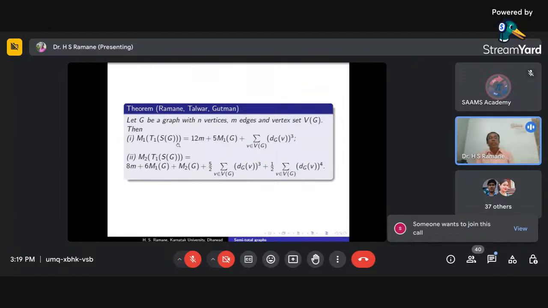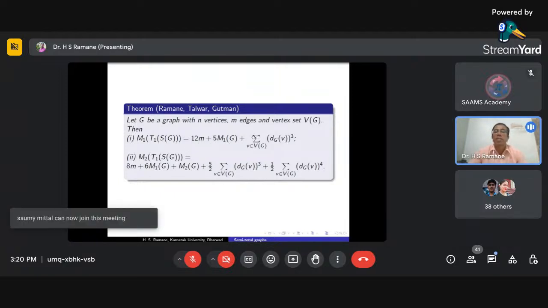Results were already done for the semi-total line graph of particular graphs, and then we generalize this for any graph. The first Zagreb index of the semi-total line graph of the subdivision graph is 12m plus 5 into the first Zagreb index plus the summation of dv cube.